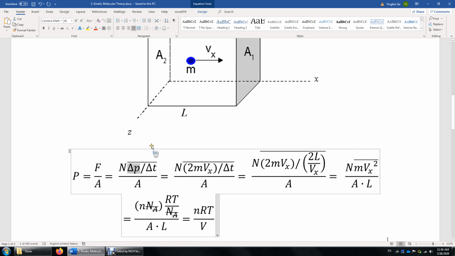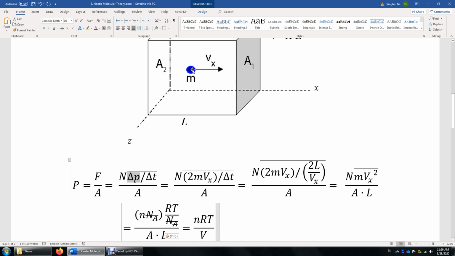What's delta p? Just imagine this particle is colliding with A1 and then bounces back in the opposite direction. What's the change of the speed? 0. But what's the change of the velocity? The velocity is directional speed. It has a direction.